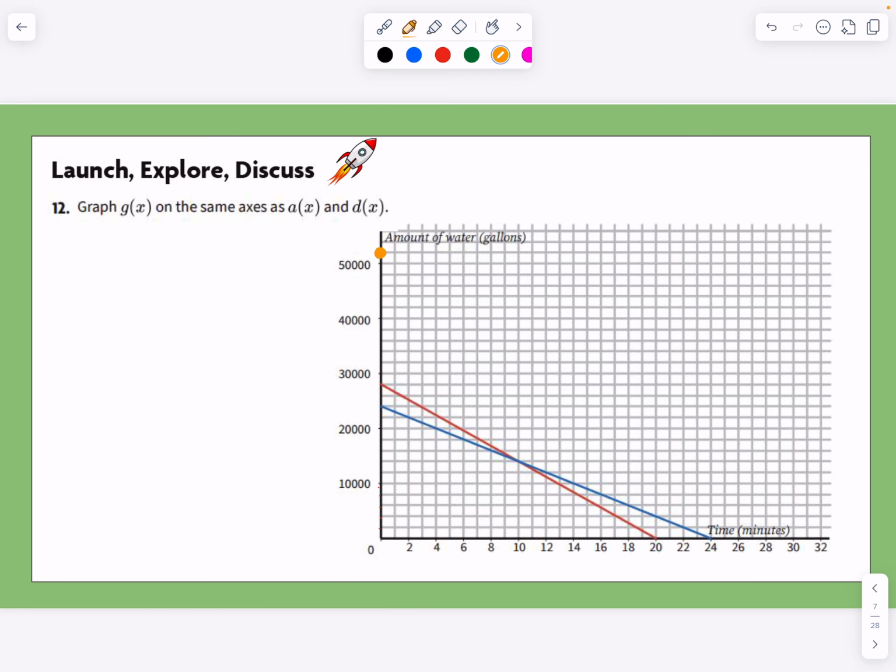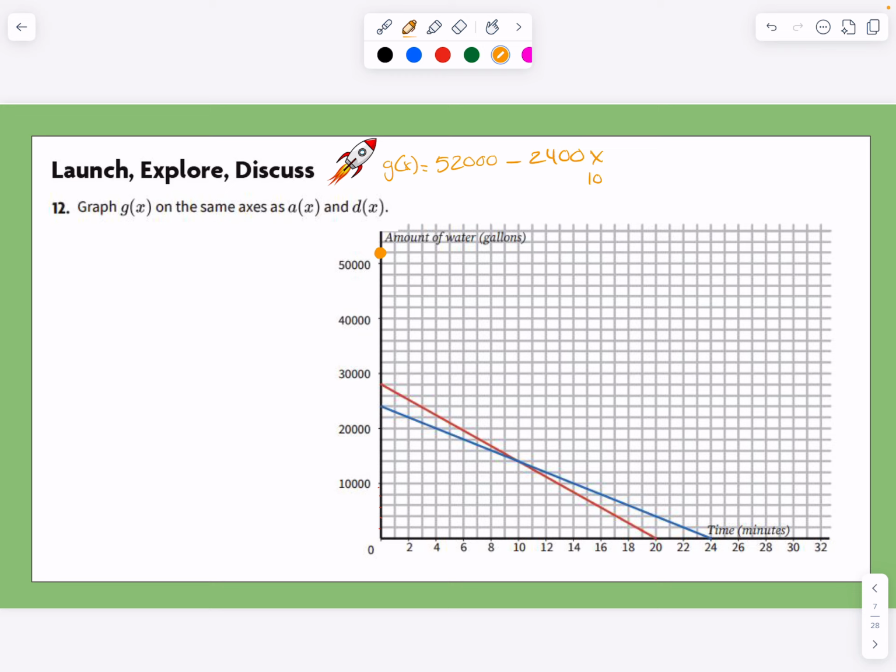So if I write this over here one more time, I have 52,000 minus 2,400x is my g of x equation. If I was to graph that out and figure out what that means, I put some values in there. Let's say, for example, we stick a 10 in here. 2,400 times 10 is going to be equal to 24,000.